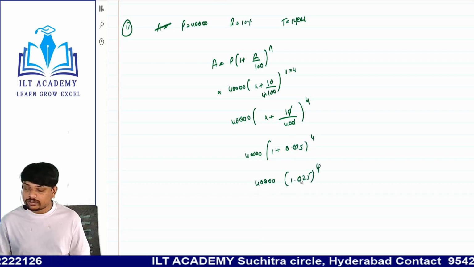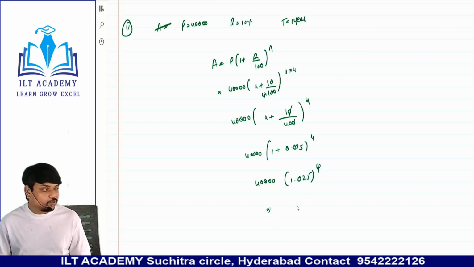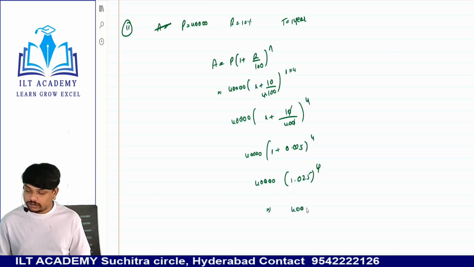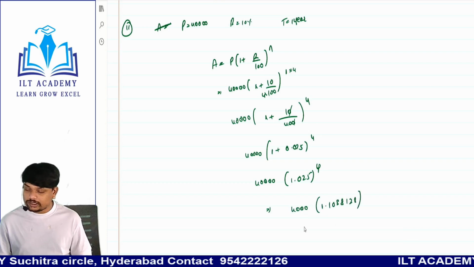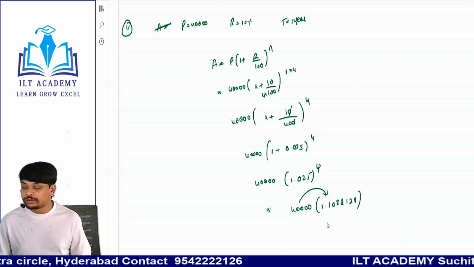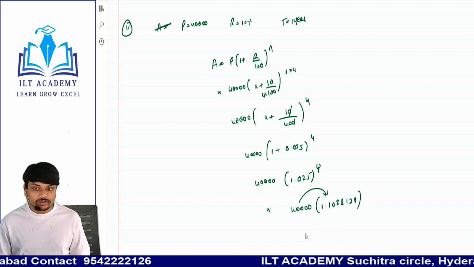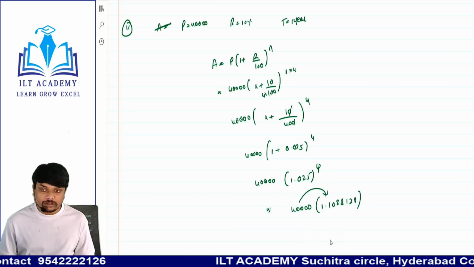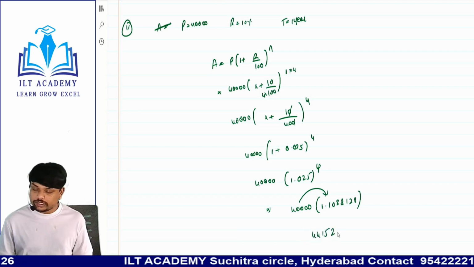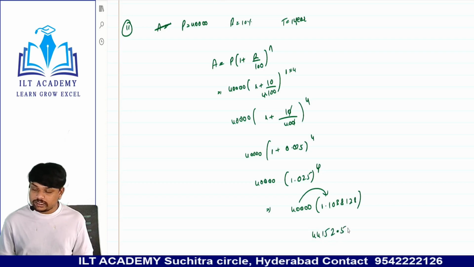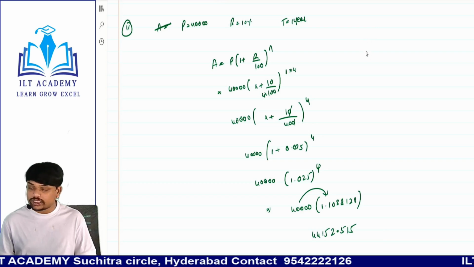How much is that? It is 1.1038128. Multiply this by 40,000 and we get 44152.515. Now the question is not for the amount, it is for compound interest.